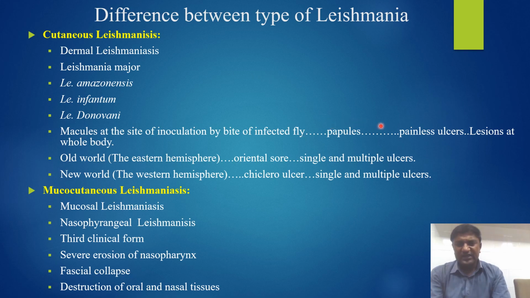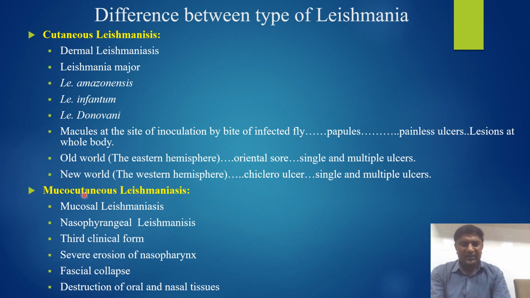Then papules become painless ulcers and lesions over the whole body. In the old world, the eastern hemisphere, it is called oriental sore, with single and multiple ulcers, while in the new world, the western hemisphere, it is the Chiclero ulcer, also single and multiple ulcers.